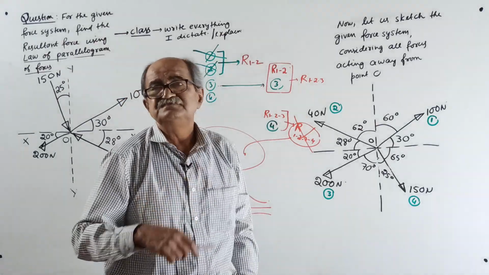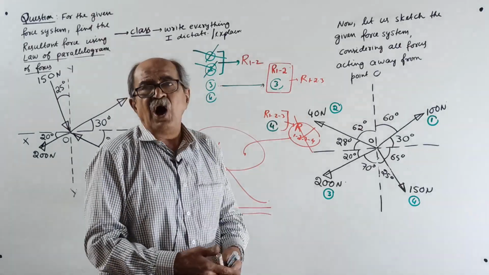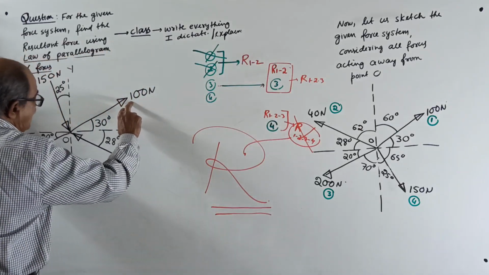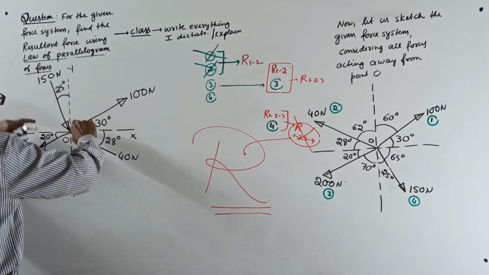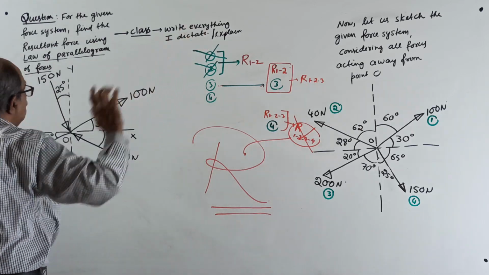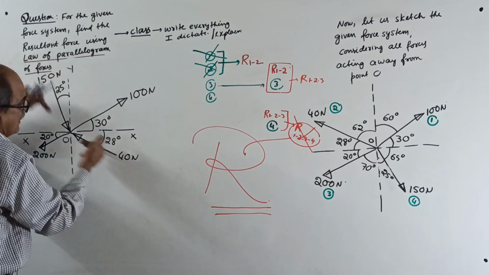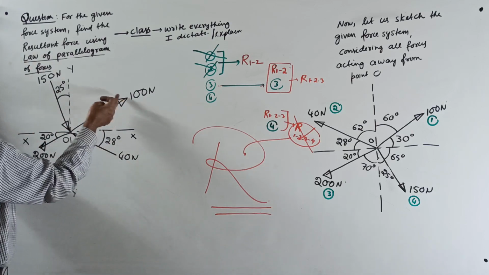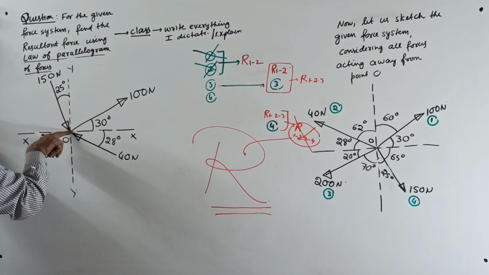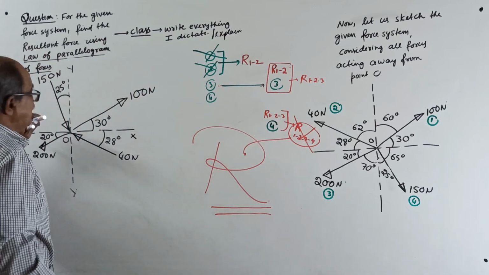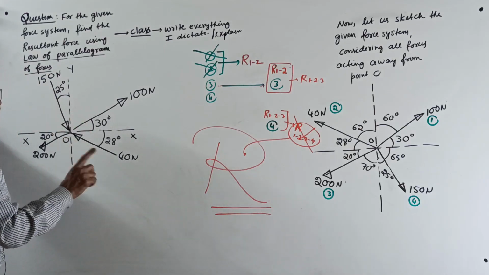Now, further, for applying the law, you should write all these things. See here, this 100 Newton and 200 Newton are acting away from the point O. 40 Newton and 150 Newton are acting towards the point. Suppose I consider these two forces, one acting away, one coming towards the point, then you have to extend it all, your struggle.